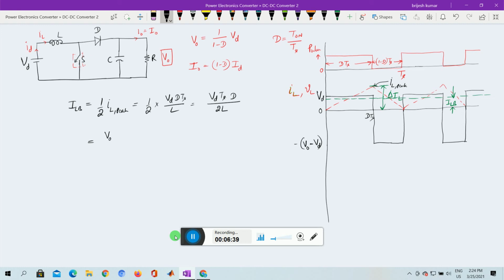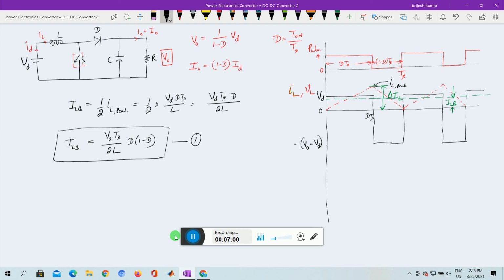So the same thing as V0 TS by 2L, D and 1 minus D. So here we get an expression of ILB, the boundary condition average value, in this term. Let us write this expression as equation 1.